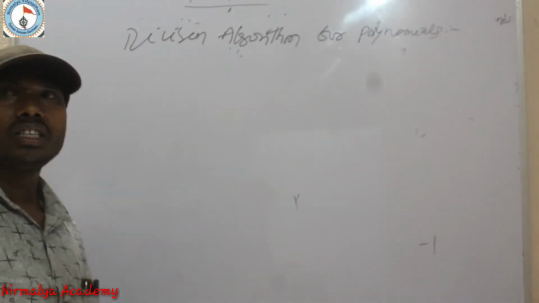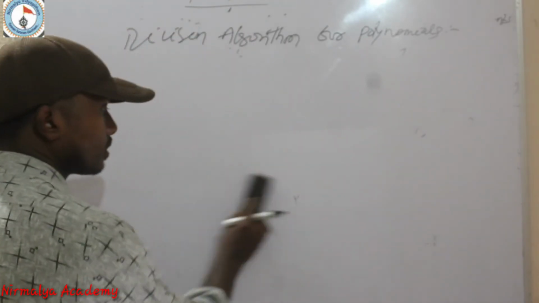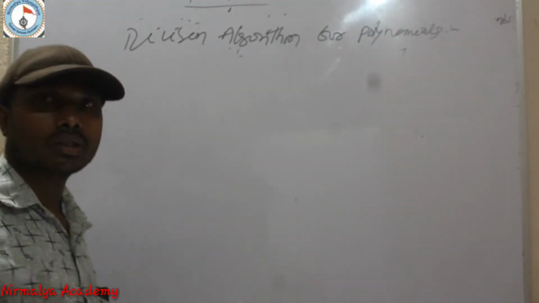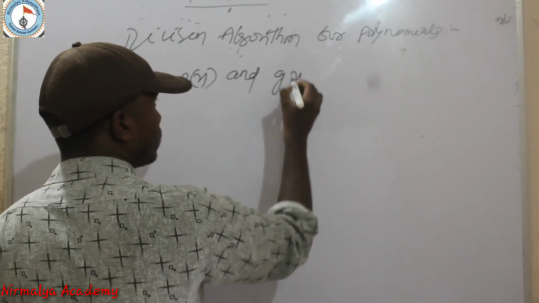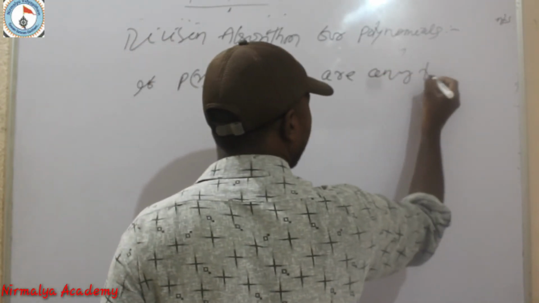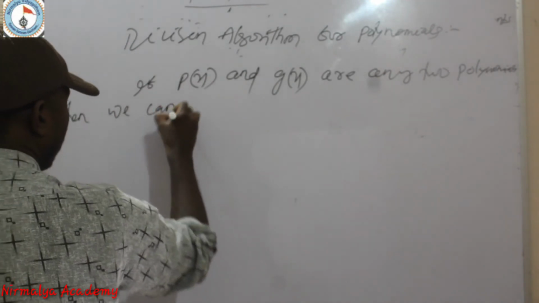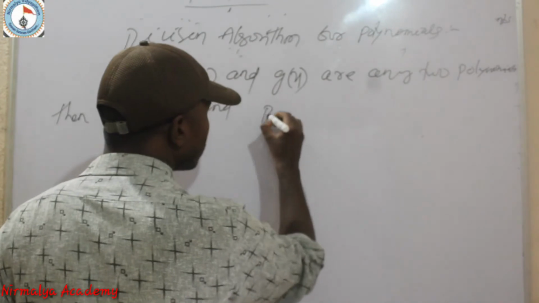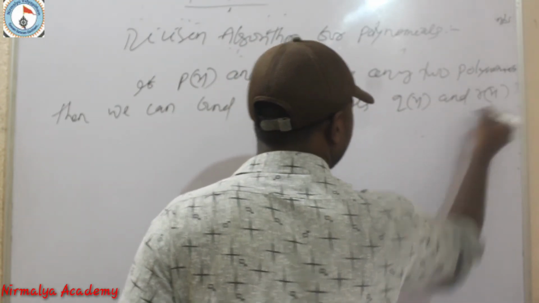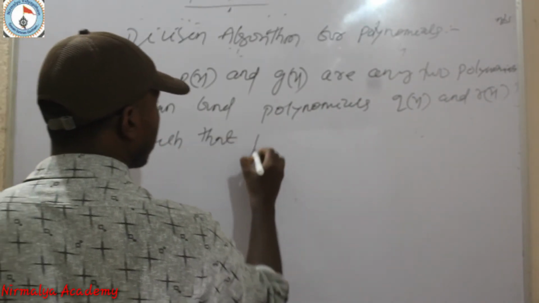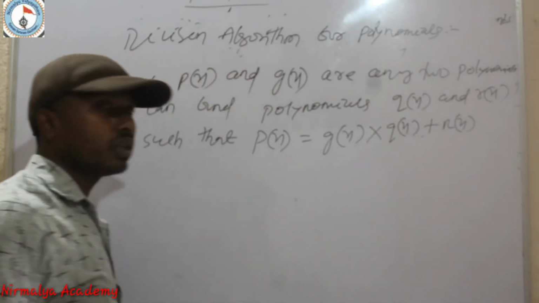If p(x) and g(x) are any two polynomials with g(x) not equal to 0, then we can find polynomials q(x) and r(x) such that p(x) equals g(x) into q(x) plus r(x). So this is the division algorithm for polynomials.